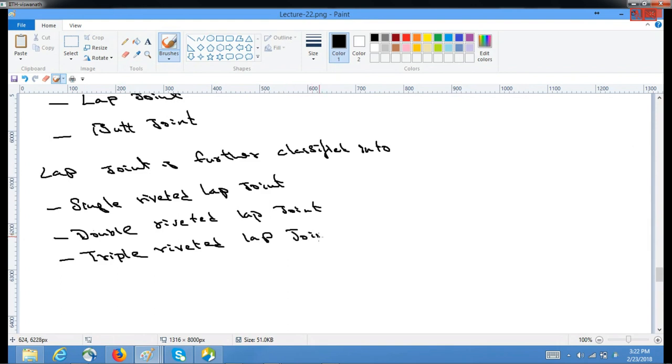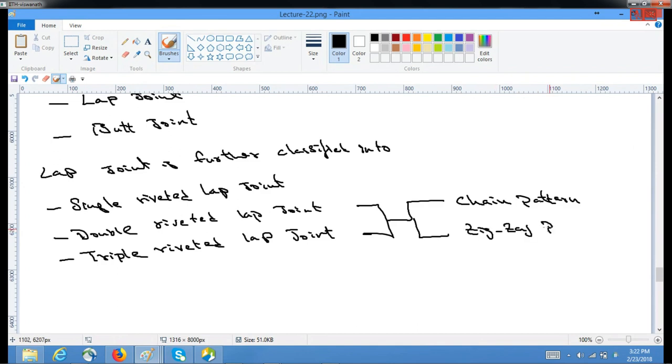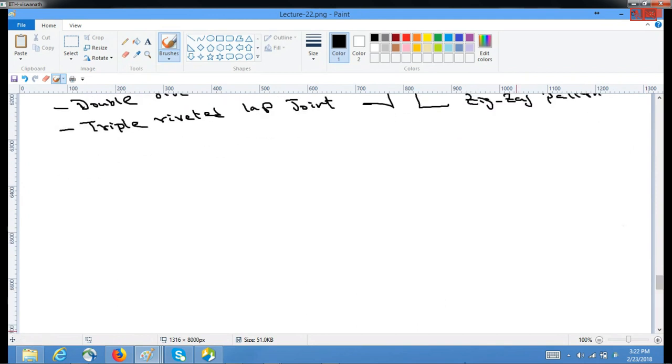Further, these are classified into chain pattern or zigzag pattern. Let us show you through the pictures the types of riveted joints.